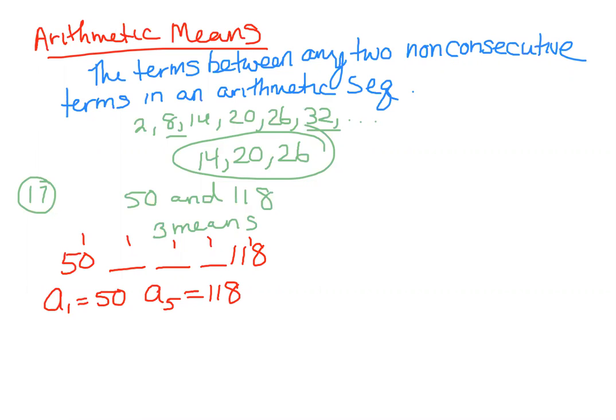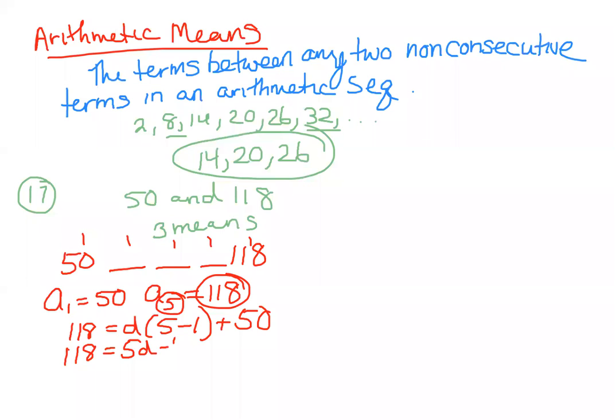So now put those into our equation and say an equals D times n minus 1 plus a1. Okay, this is n, this is an, and D is what we don't know. So we're going to go ahead and solve this for D. And we're going to get D equals 17.